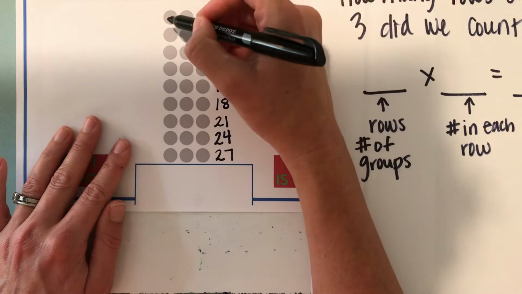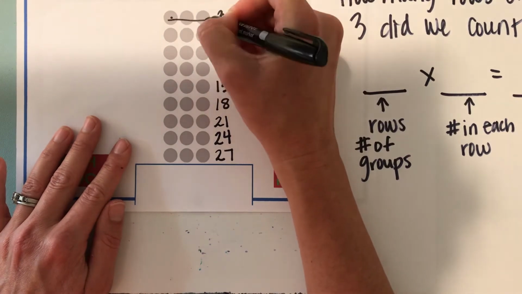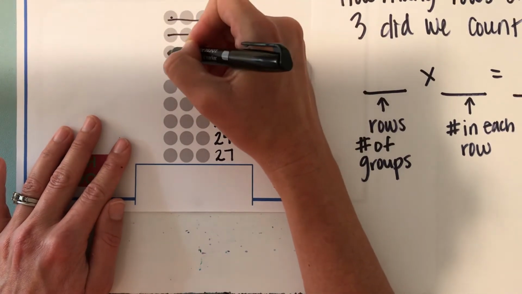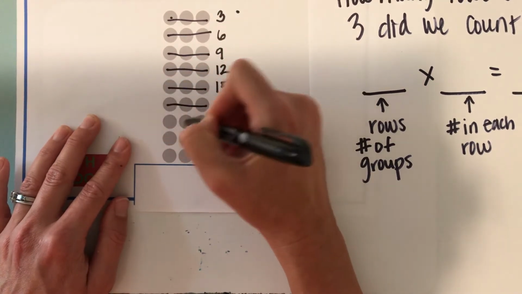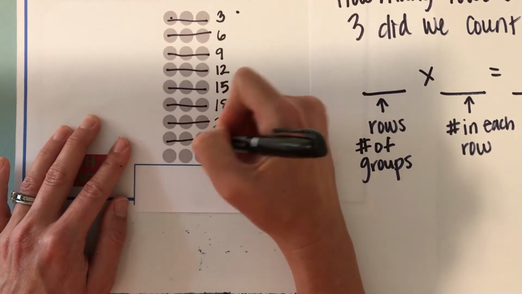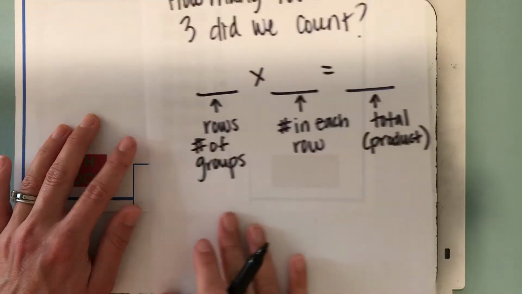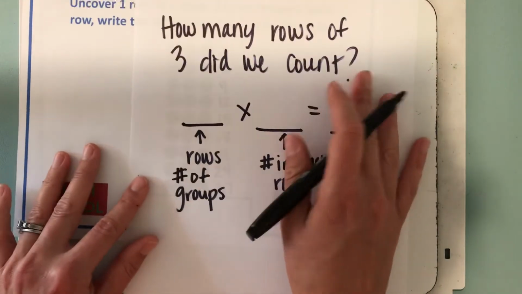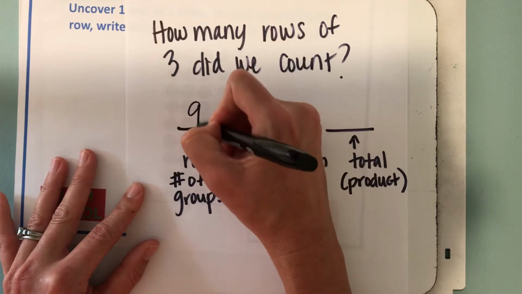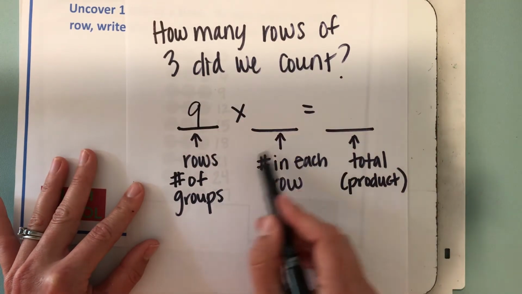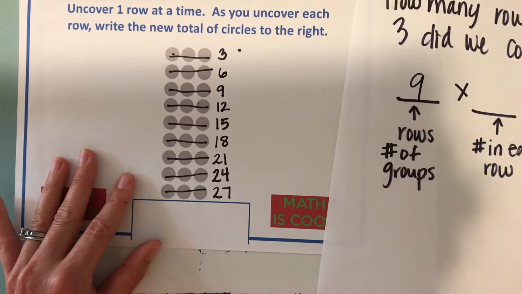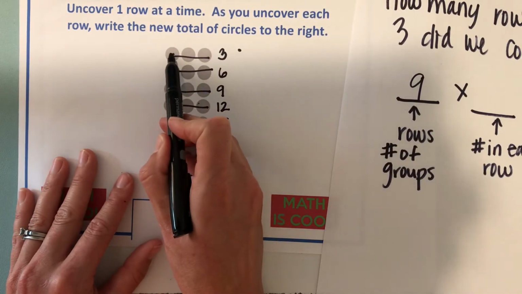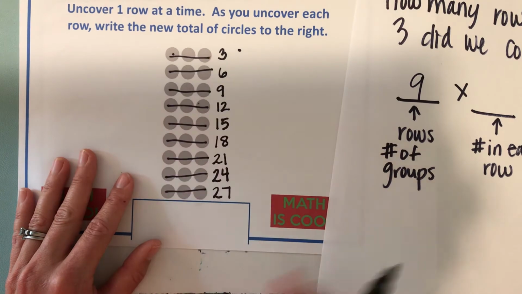Well, let's find out. 1 row, 2, 3, 4, 5, 6, 7, 8, 9 rows. Oh my goodness, I have nine rows here. And now I need to figure out how many circles were in each row. Oh, wait, that's easy, right? We know in each row, there was 3 circles.